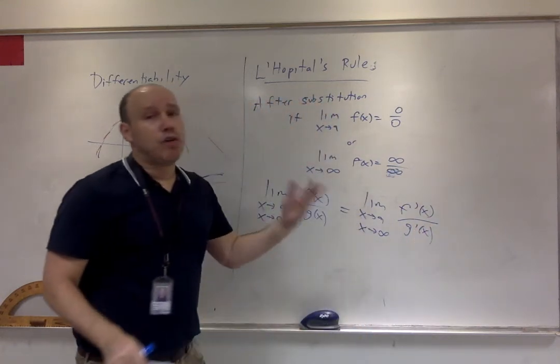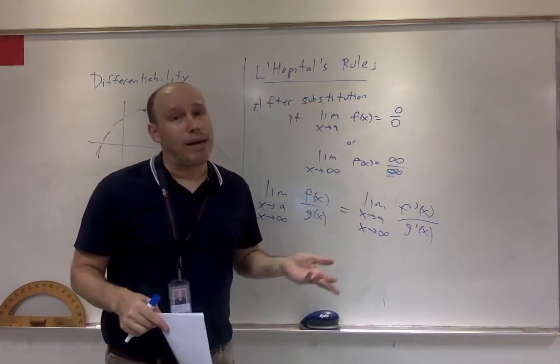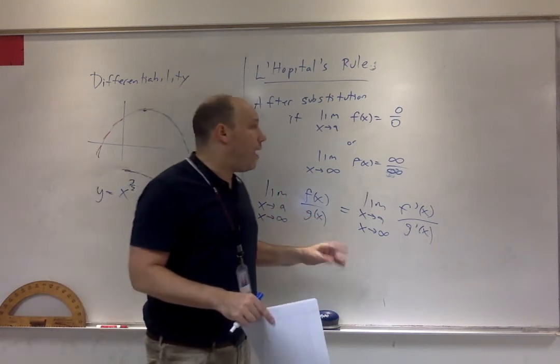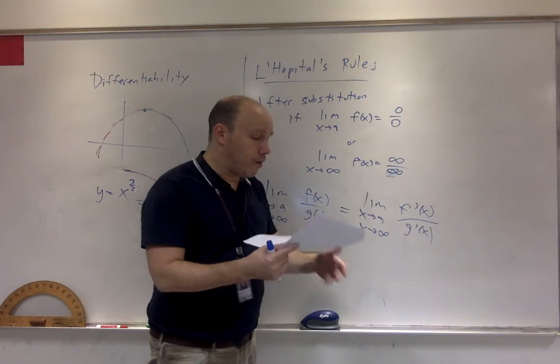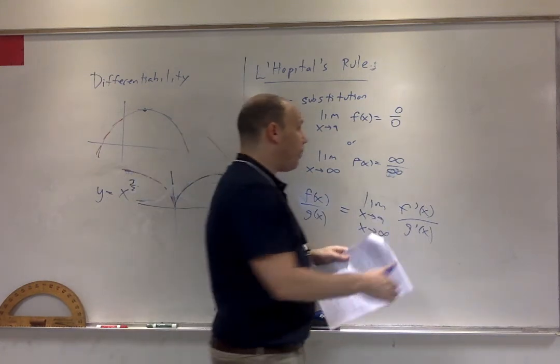And keep taking the derivatives until you get something that you recognize. Once again, it always has to be in the form of 0 over 0 or infinity over infinity. Let's take an example.